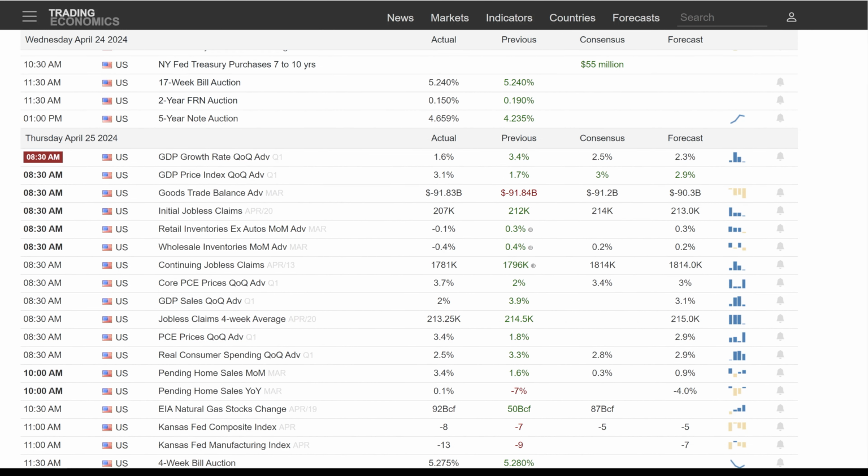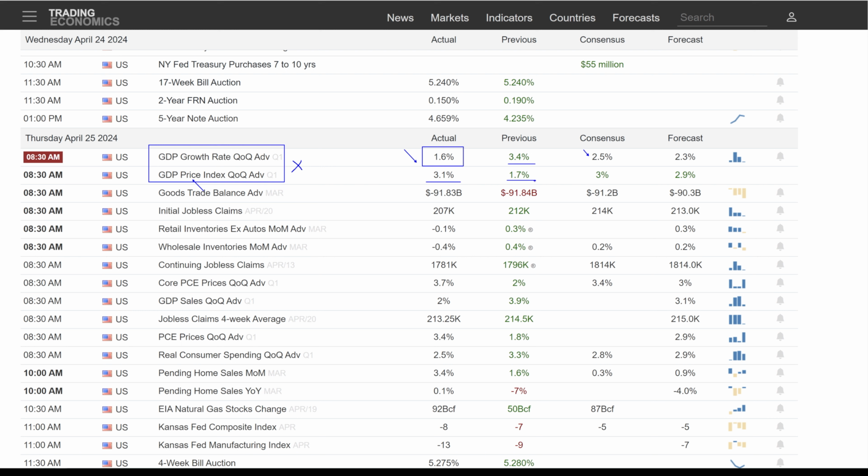On Thursday, we got the advanced GDP growth, and this was quite a hit for the market because the growth rate came in at 1.6, coming down from 3.4. It's quite a hit. The consensus was obviously decreasing a little bit, but only a downtick to 2.5. And look at the price index, 3.1.